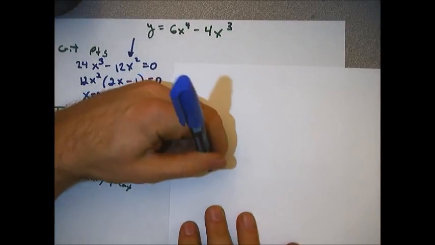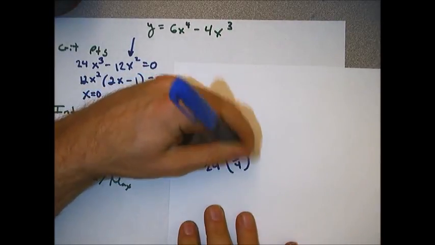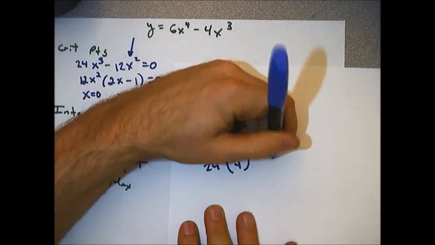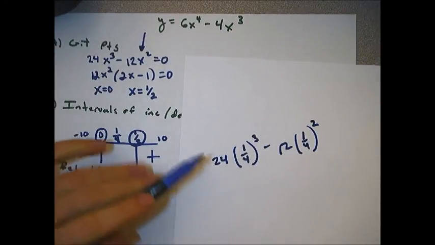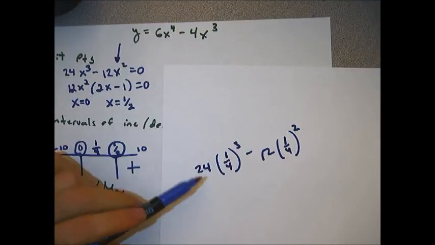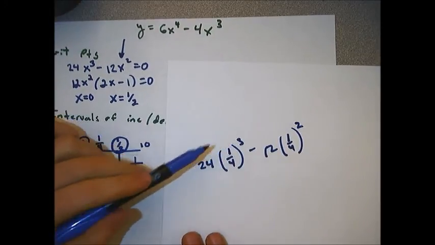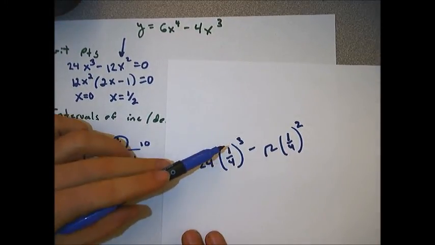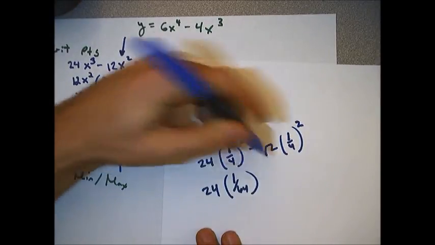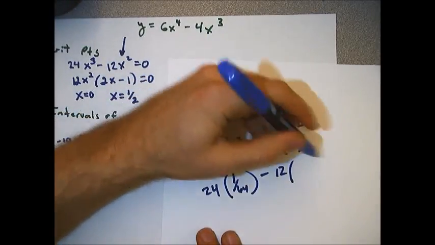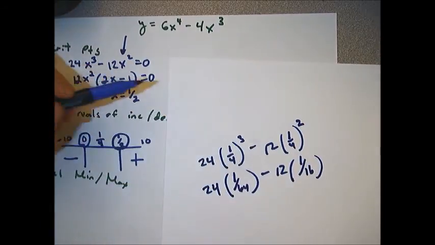So this is 24 times a 1/4 to the third minus 12 times a 1/4 squared. So when you raise a fraction to a power, you're raising the top and the bottom. So a 1/4 to the third, 1 to the third's 1, 4 to the third 64. So this is 24 times a 64th minus 12 times 1/16.